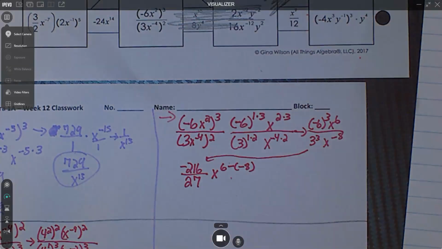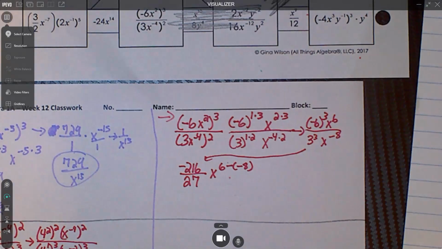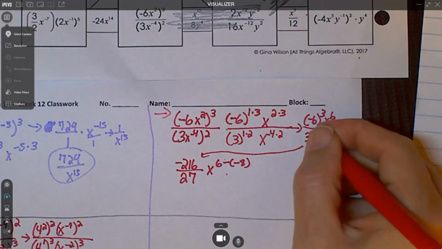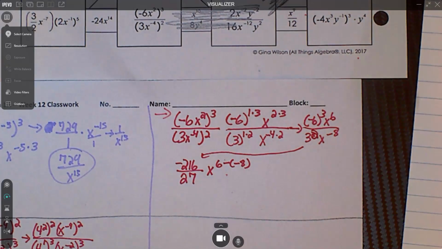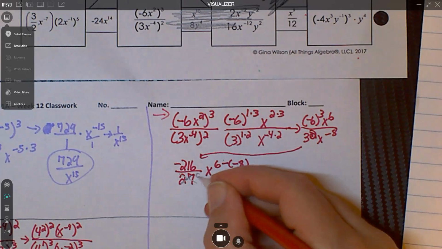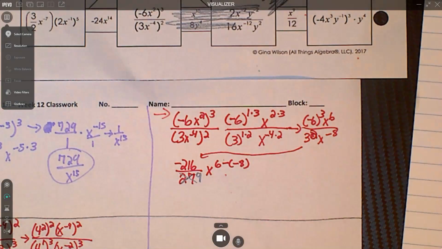Okay, that's -8. Oh, it's 3 squared. That's a 9. 3 squared.